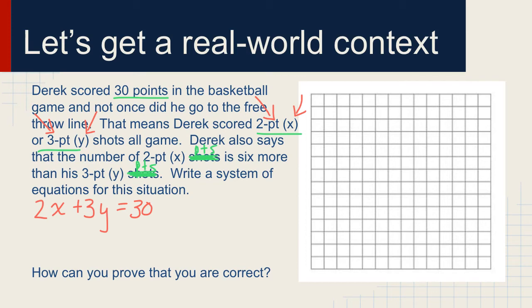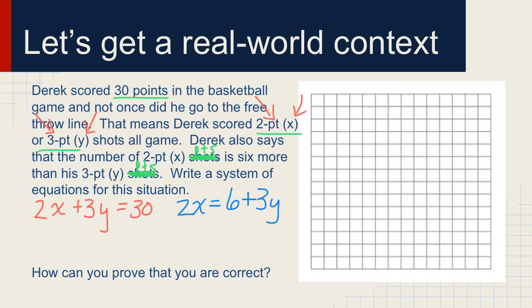Our other equation, Derek also said that his 2-point points is 6 more than his 3-point points. So in other words, his shots made from 2-pointers, his total points for those are 6 more than the points that came from his 3-pointers.